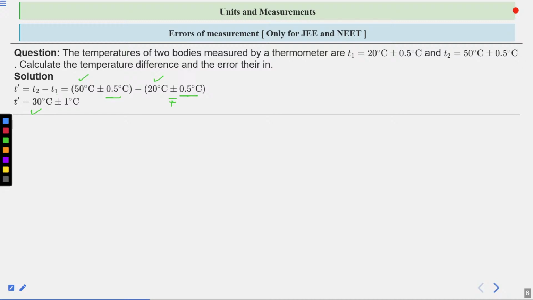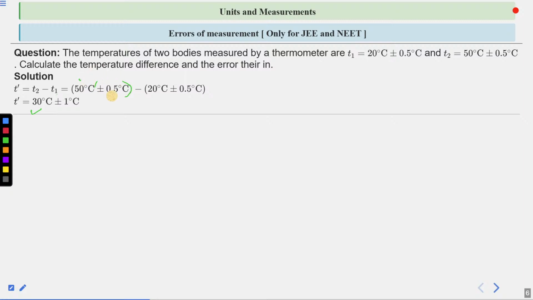So it becomes 0.5 minus 0.5, and here the sign is minus, so minus 0.5 plus this one. Look at here. Plus minus 0.5 degrees Celsius and here plus minus 0.5 degrees Celsius.